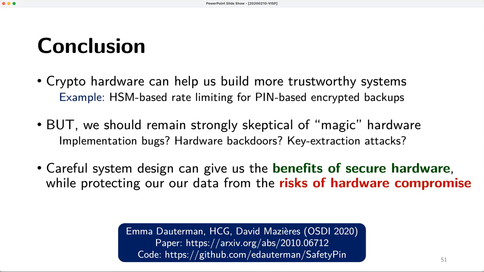Okay. Well, my first question is on the quality of the threat model, namely, how likely is it, or does it make sense to think of an adversary who has the ability to compromise a Google HSM in order to obtain data of a user who is willing to share his data protected with a PIN on a server of a company he doesn't know?